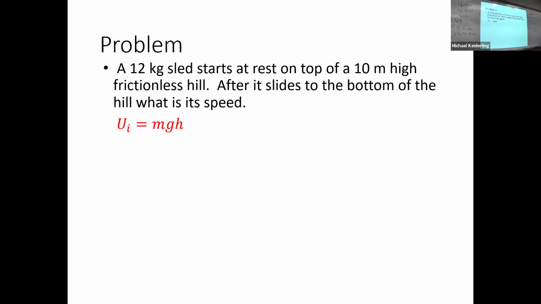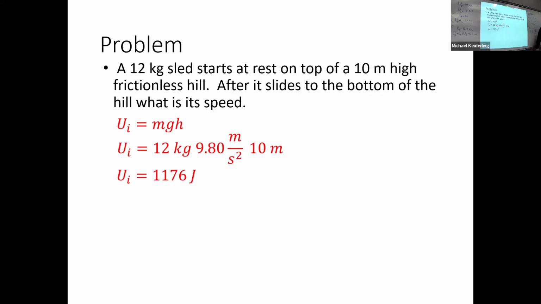So potential energy initial is mgh. That's 12 kilograms times 9.8 meters per second squared times 10 meters, which is 1,176 joules.